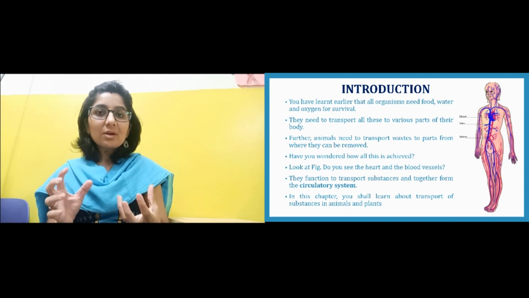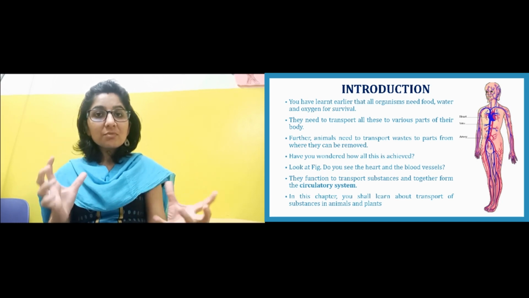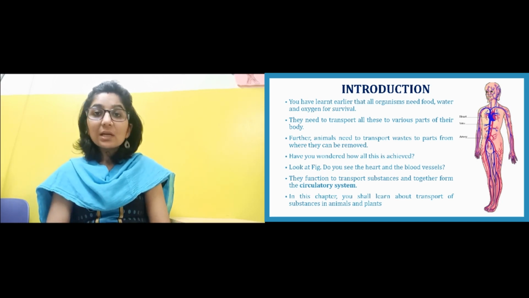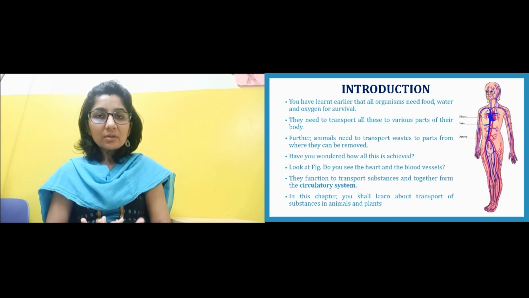All these things have to be transported from one part to the other part of the body, and this is achieved by a way that is called circulation. So all this functions to transport the substances. If you see this diagram, you can see a heart, and you can see the blood vessels, the blue colored and the red colored. What these blue and red are, I'll tell you, but you can see all these blue and red colored blood vessels, and also the heart.